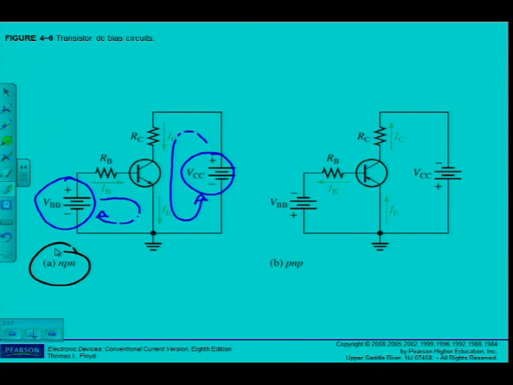Then the currents, as I can see, IC, IB and IE. And we've also learned that IE is the largest because IE is equal to IC plus IB. The same applies to the PNP transistor as well.